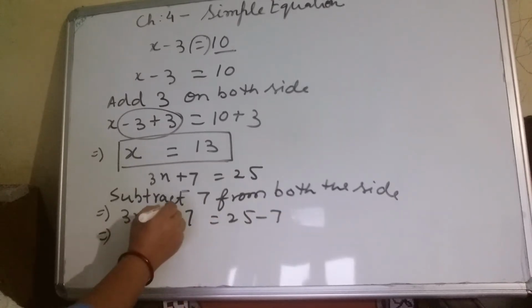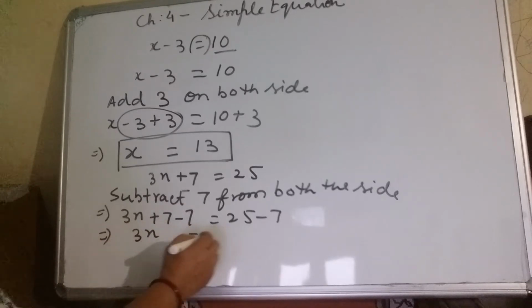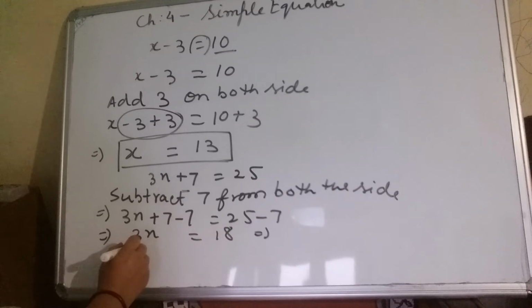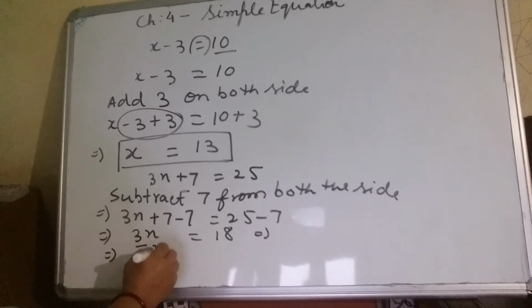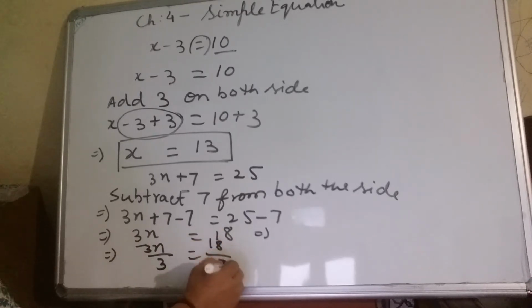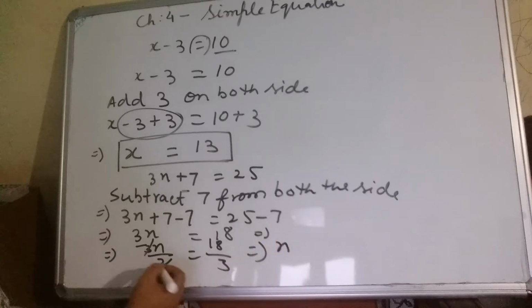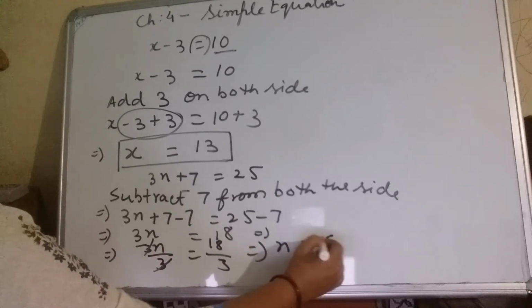So this plus 7 minus 7 becomes 0. So 3n equals 18. Now it is 3n, so I have to remove this 3. How can I remove it? I have to divide both the sides by 3. On the left hand side it is n, and on the right 18 divided by 3 is 6.